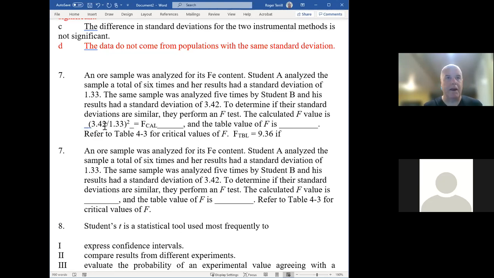Right, and you just compare these values. If F cal is larger than F table, then the difference is significant. If not, then not. Okay.